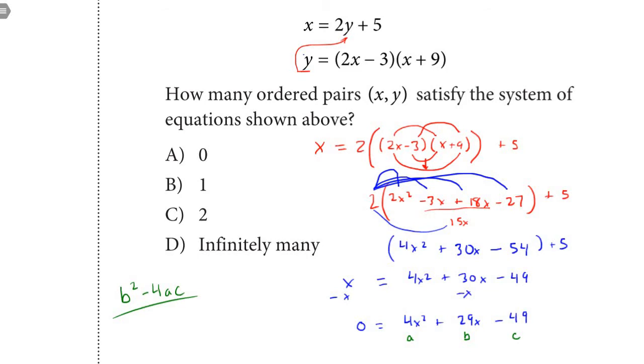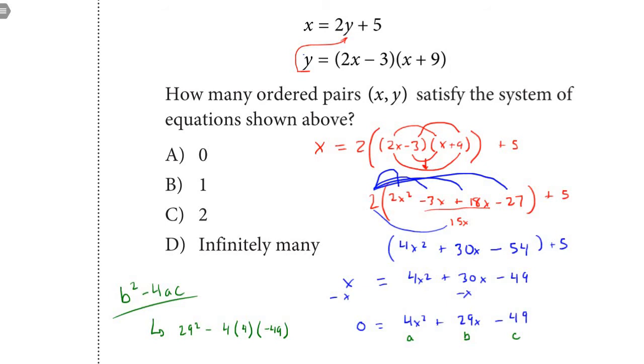So if you plug that in, our discriminant is going to give us what? It's going to give us 29 squared minus 4 times our a, which is another 4, times c, which is negative 49. Now, the thing with the discriminant is you don't actually need to calculate the actual value. I mean, thank God, because this is a no calculator section.